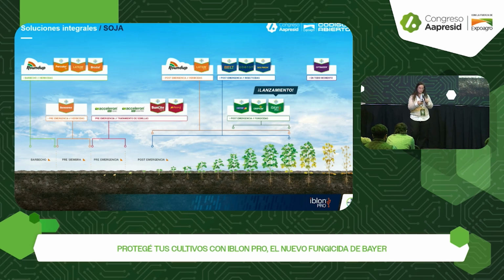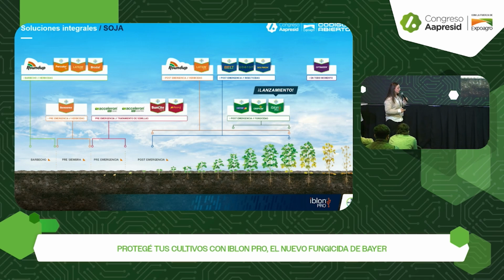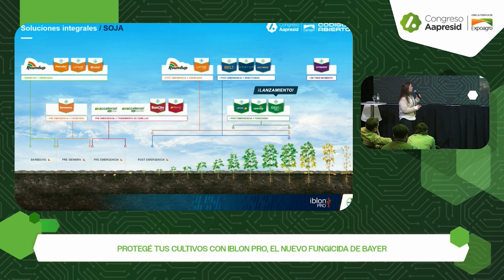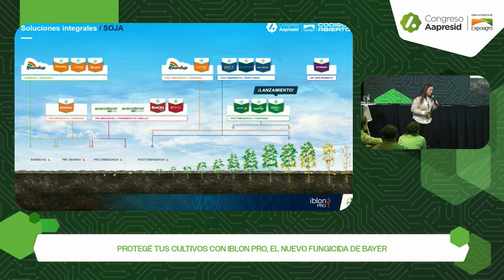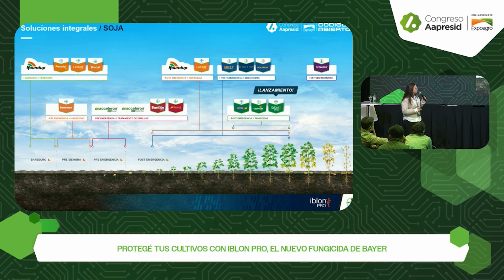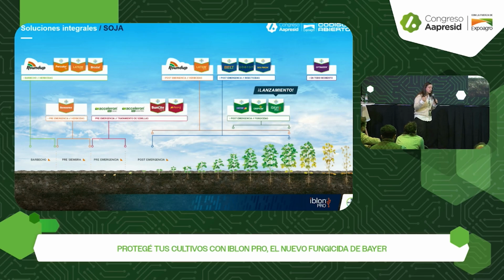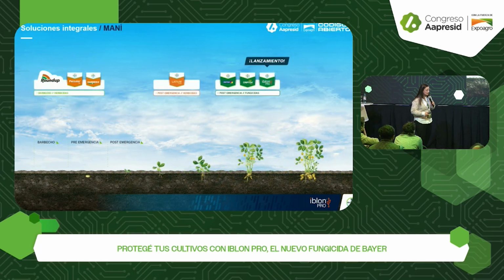This is soybean. The rationale is the same. There's been a renovation and updating in seed crop. We have Accelerant Basic and Accelerant Suck Essential. And finally, we have our fungicide portfolio with the Krypton and Iblon Pro brothers.